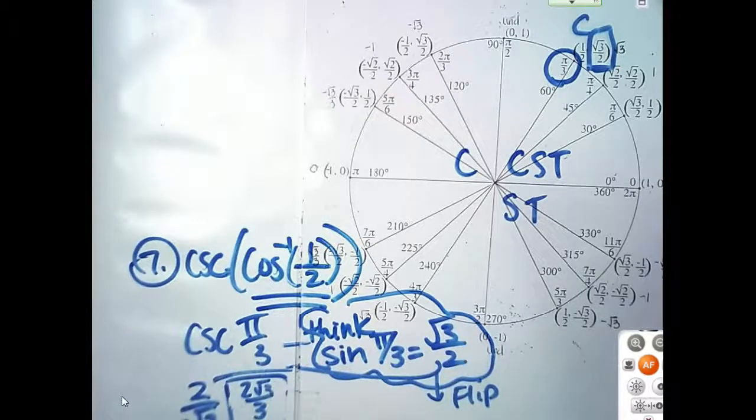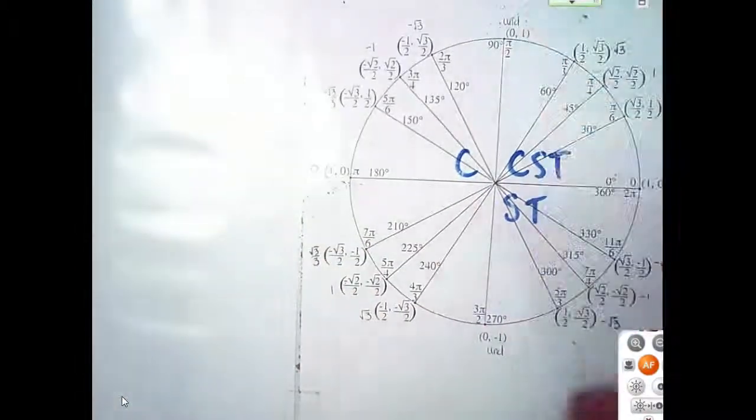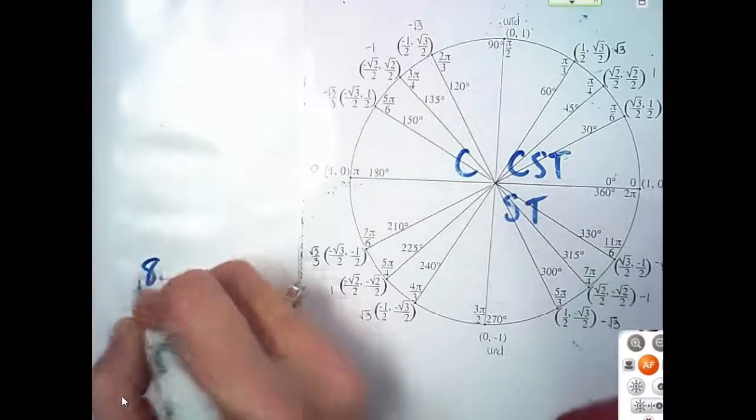Okay, last one. And then you're going to try them on your own. Number 8.